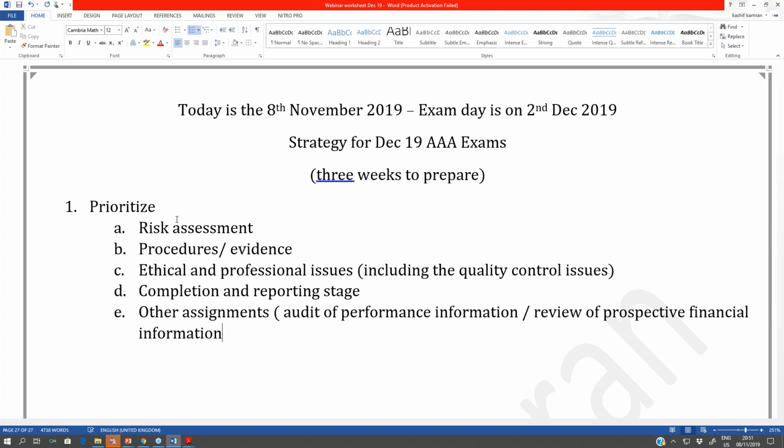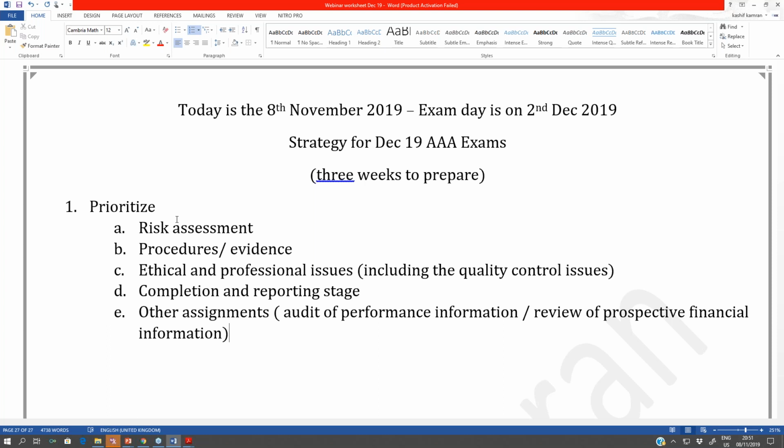Because forensic came the last time, so you cannot just prioritize forensic. If you have time, you should do the 100% syllabus, right? But if you are going with priorities, then review of prospective financial information and audit of performance information sounds more important priorities for December 19 exams.